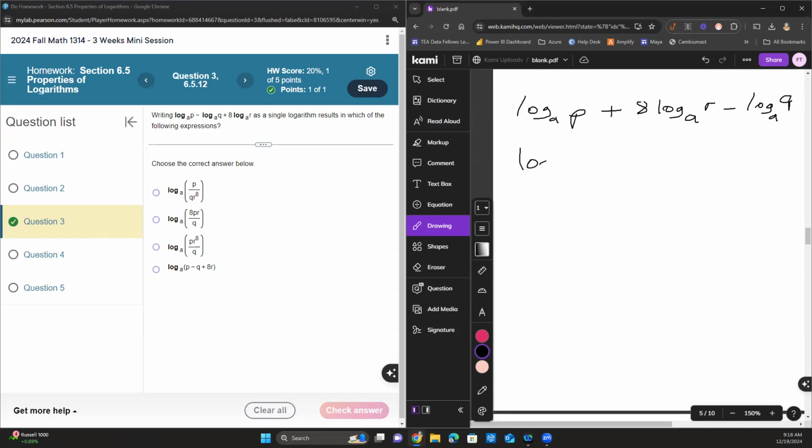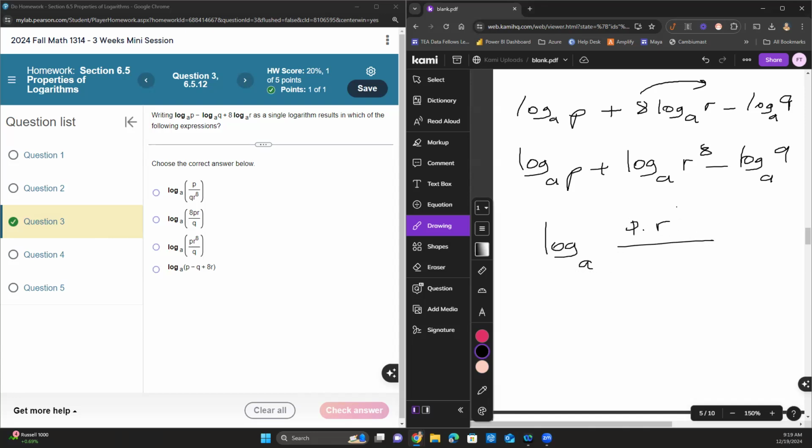Now I'm going to rewrite the first one, but on the middle one, 8 will go as a power here, so I'm going to get log base a of r to the 8th power, and then the last one I'm just going to copy. Since they all have the same logarithmic function with the common base, positive ones will go to the numerator and the negative one will go to the denominator. And this is how we're going to do question 3.